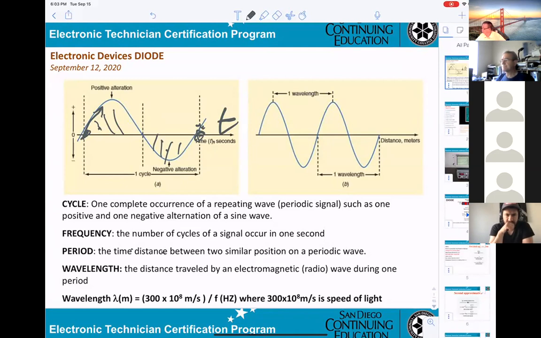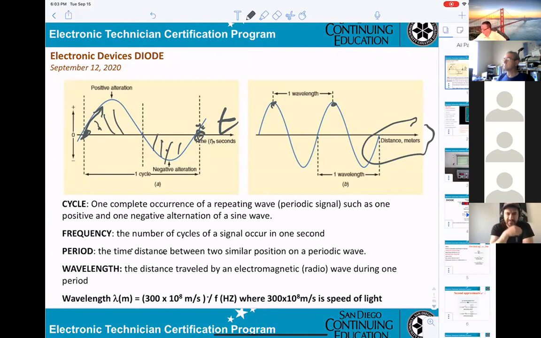If you're looking at the second one, it's the same thing. However, that is not time, that is a distance. From the top here to the top here is called the wavelength. Wavelength is the distance traveled by an electromagnetic radio wave during one period.